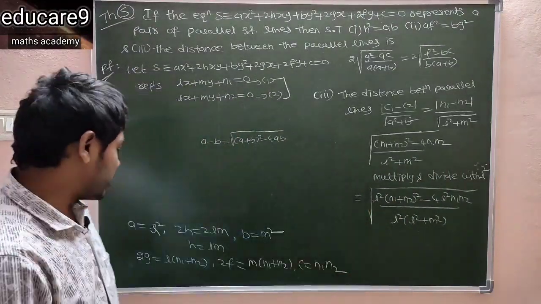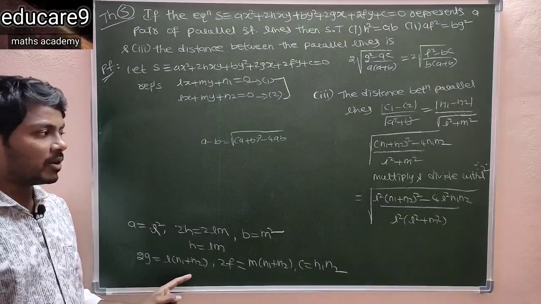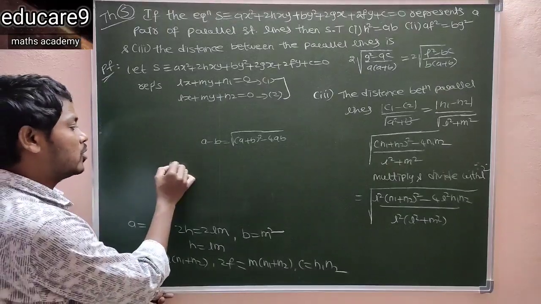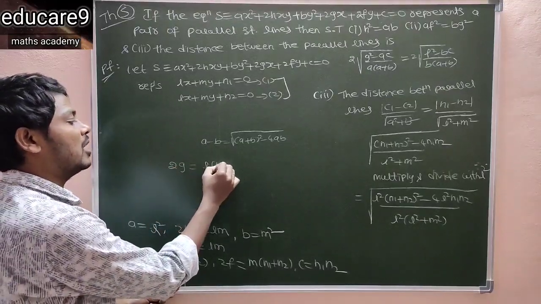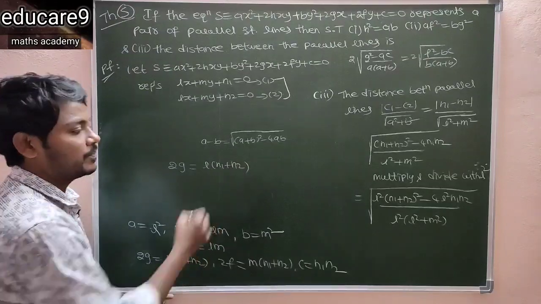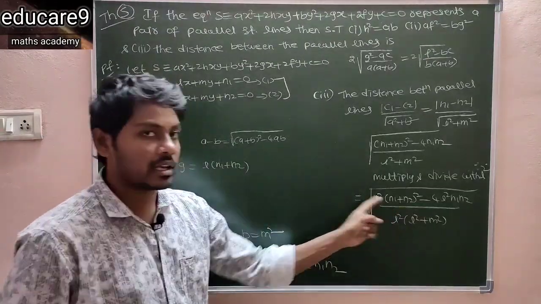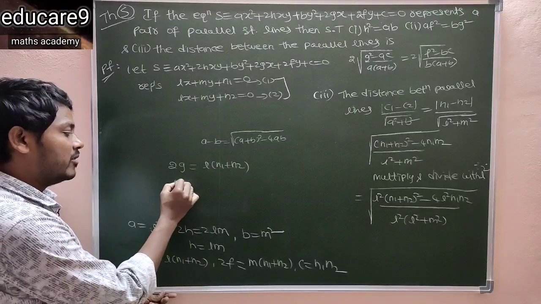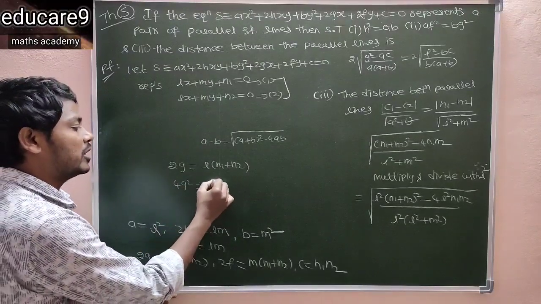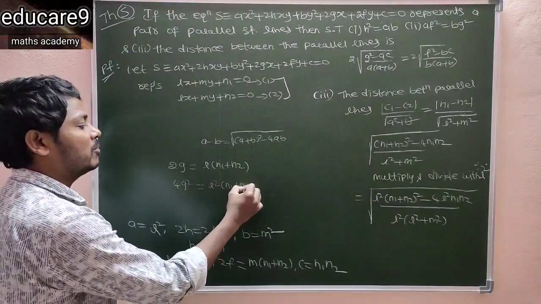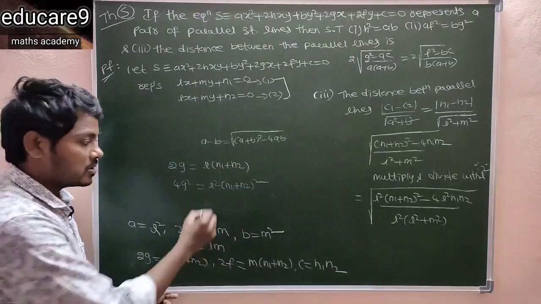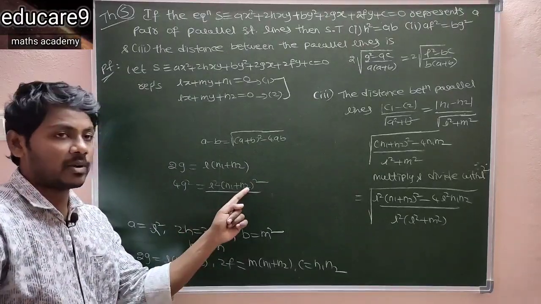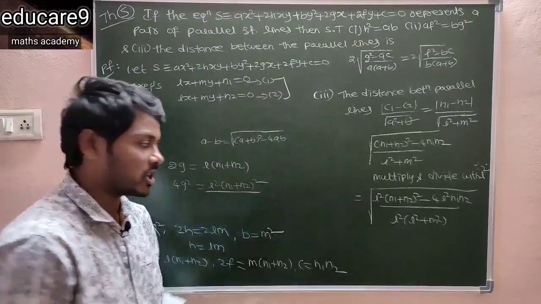Now, see here, what is the 2g value? L of n1 plus n2. So 2g is equal to L of n1 plus n2. But here squares are there, so squaring on both sides, you will get 4g square is equal to L square into n1 plus n2 whole square. Therefore, L square into n1 plus n2 whole square is written as 4g square.